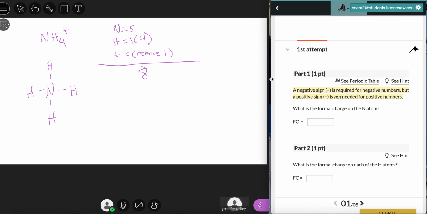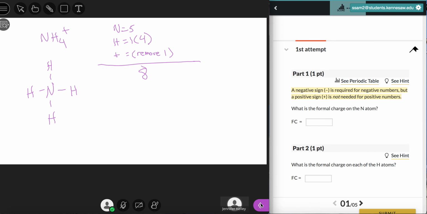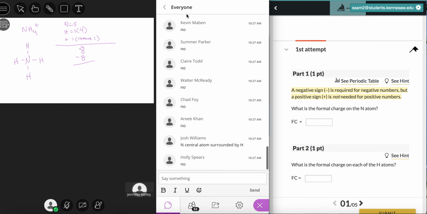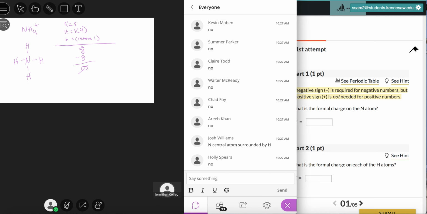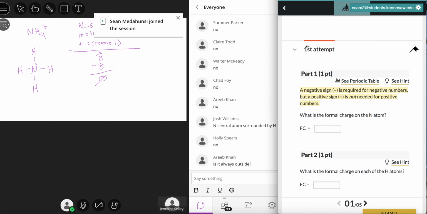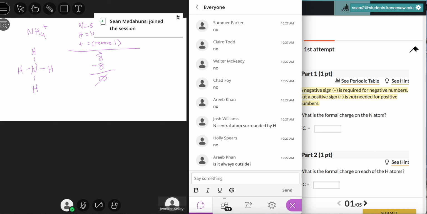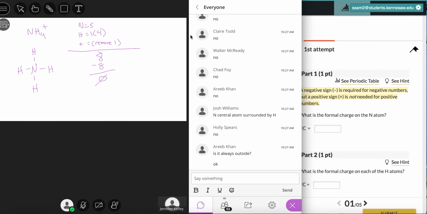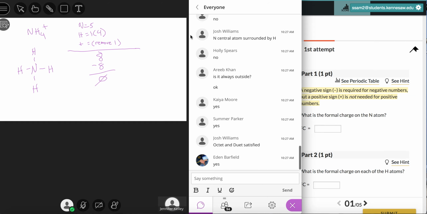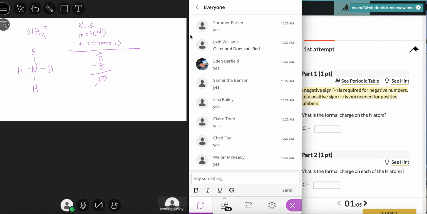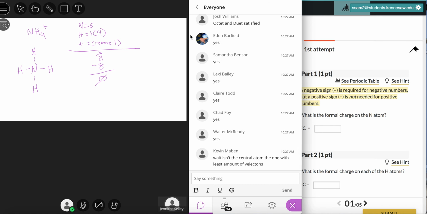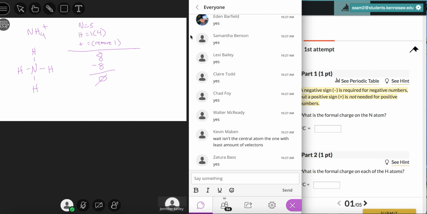And then how many have we used? We've used 8, so we don't need any more. Now we check to see if there's an octet. Hydrogen is always outside. That is correct. So does nitrogen have an octet? Yes. Correct. The octets and the duets are satisfied. The duets are for hydrogen, and the octet is the nitrogen.